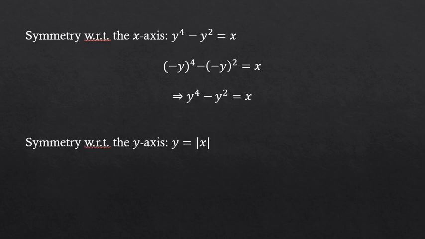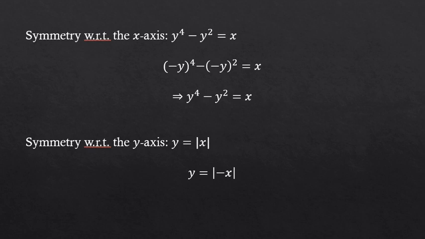An example of an equation that has symmetry with respect to the y-axis is our basic absolute value function, y equals the absolute value of x. If I replace the x with a minus x, this is just one of the basic properties of the absolute value function.